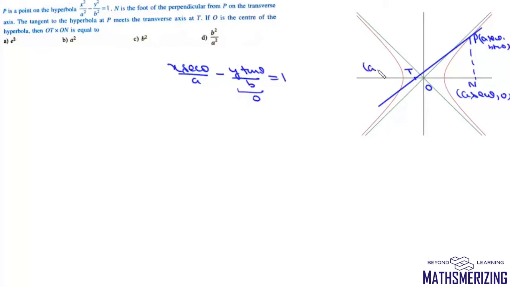So the coordinate of this point T will be (a cos theta, 0). Now what's OT? The value of OT is a cos theta, and what's ON? The value of ON is a secant theta. Now we need to find OT into ON. OT into ON will simply be a square, and that's your option number B.